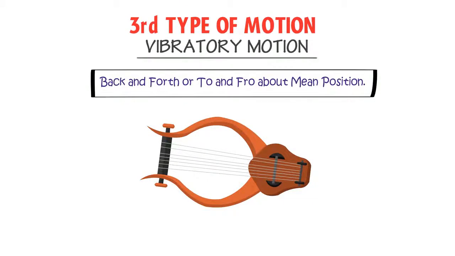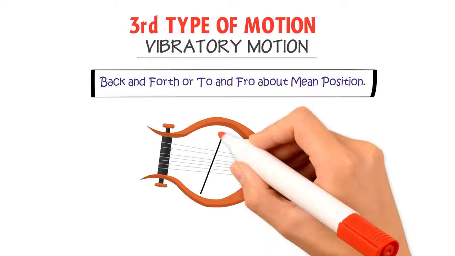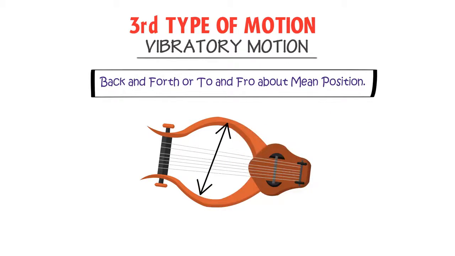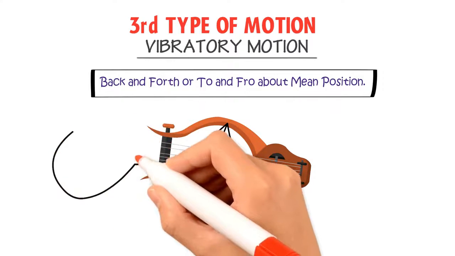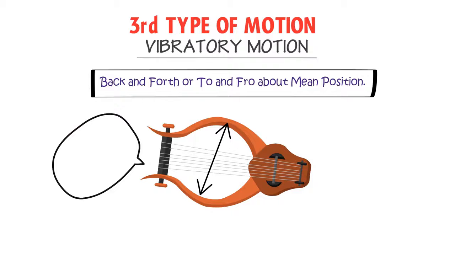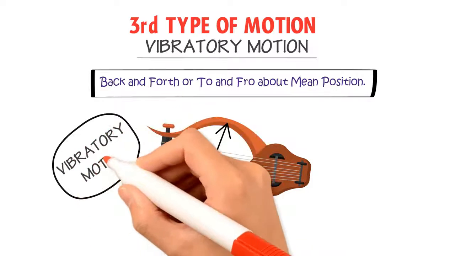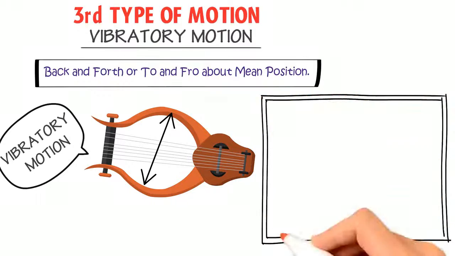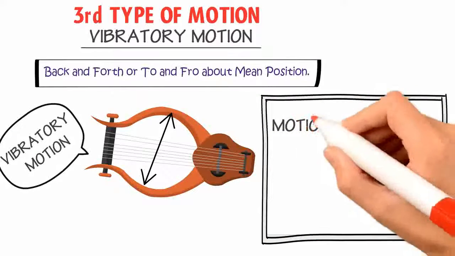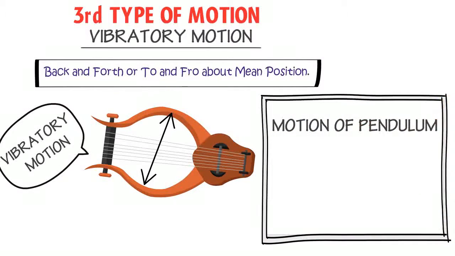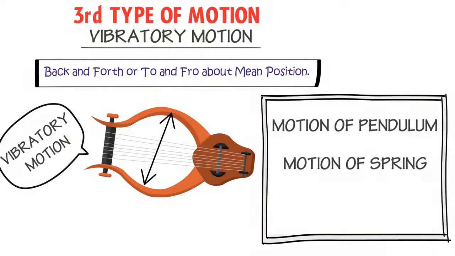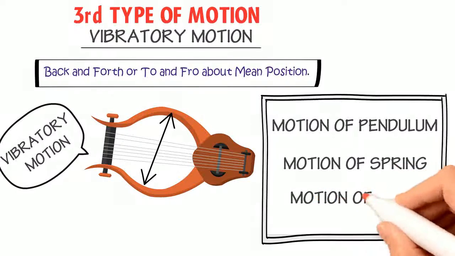These wires move up and down once you pluck them upward or downward from their rest or mean position. As a result, they perform vibratory motion. Other examples of vibratory motion are the motion of a pendulum, the motion of a body attached to a spring, and the motion of a swing.